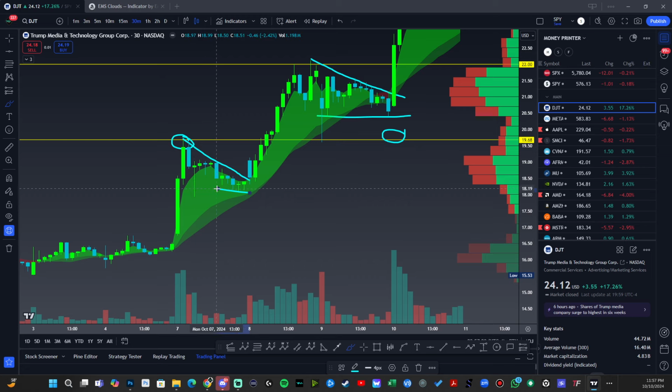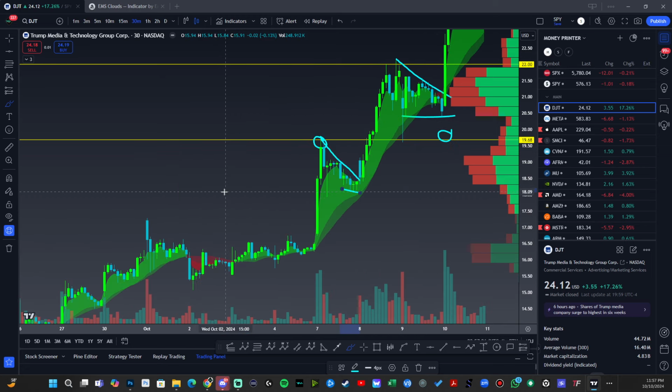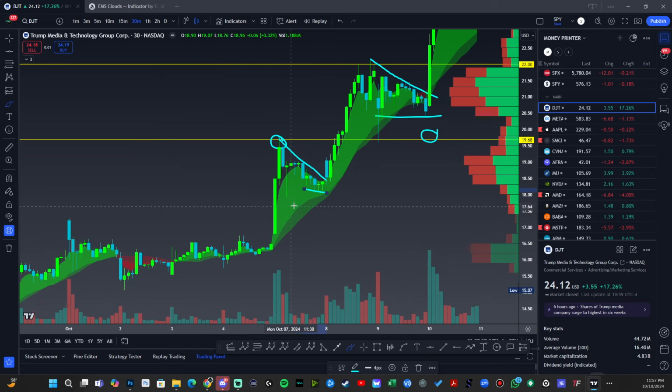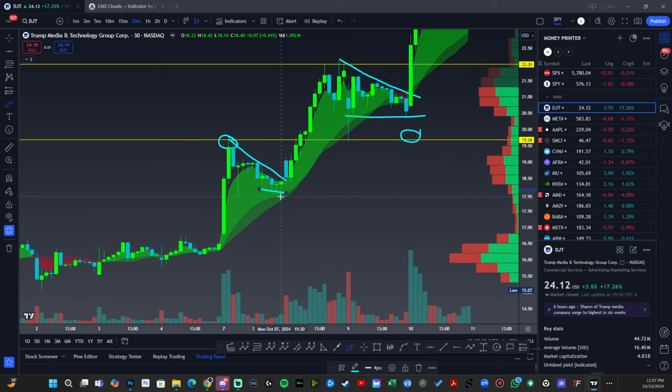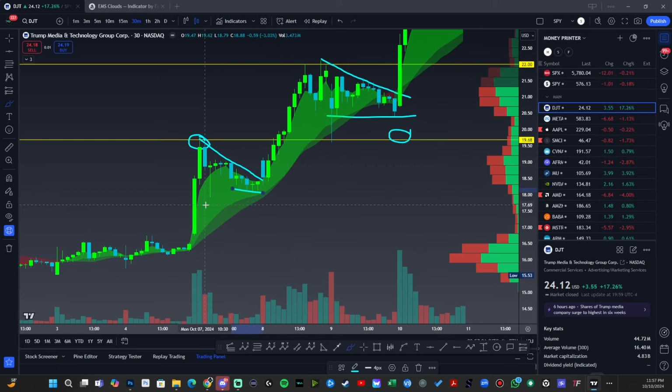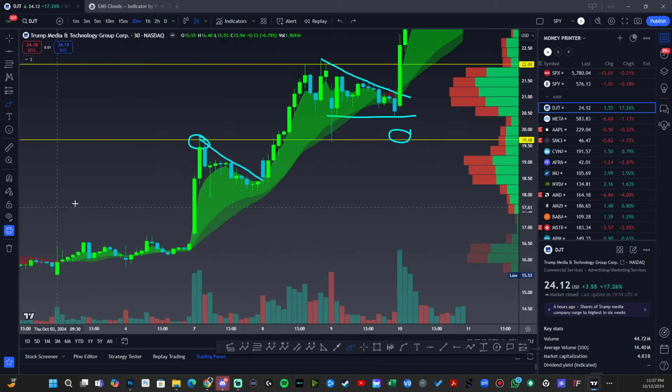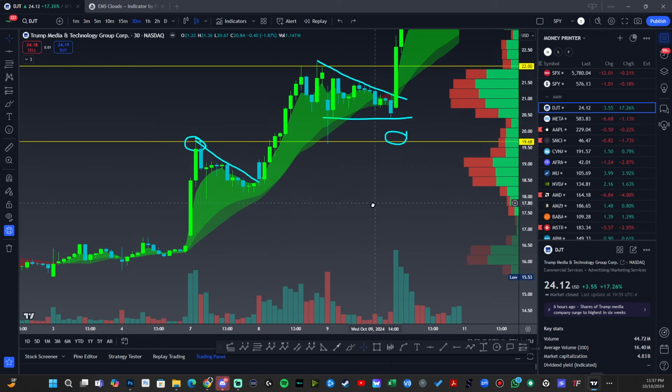As you progress, you'll see that connecting every single line sometimes is not in your favor. Like this, I would not draw this one like this. Could, but the wick is a little weird to me. So this one is fine like this. It's a little bit of a smaller wedge, but it is what it is.